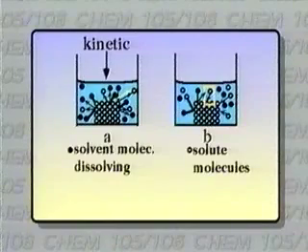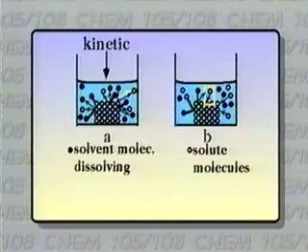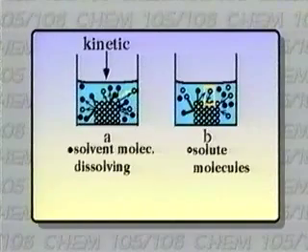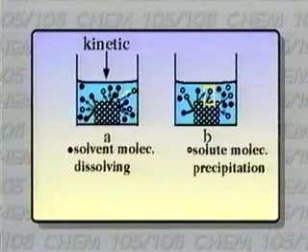And if it does lose some of its energy, it may actually stick. It may become reattracted back to the undissolved solid. So it is an undissolving process. The term that we use for the undissolving process, where solute particles are going back out of solution, is referred to as precipitation.